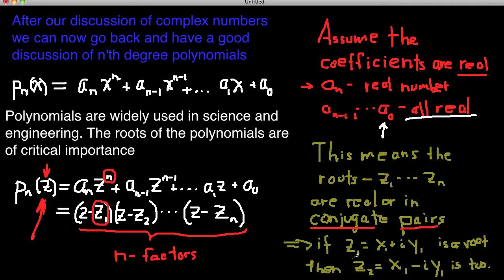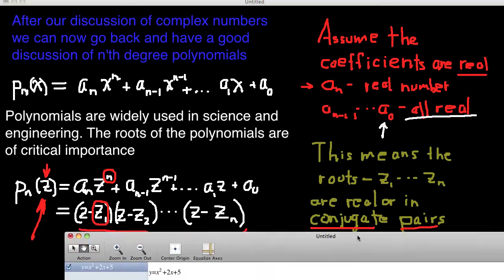In other words, if z1 equals x1 plus i y1, a number like 1 plus 2i, then the complex conjugate of this number is also going to be a root. So when we have real coefficients, the roots of the polynomial are either real or they occur in complex conjugate pairs.